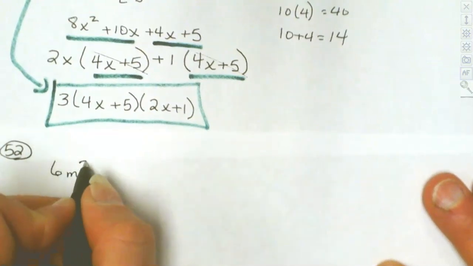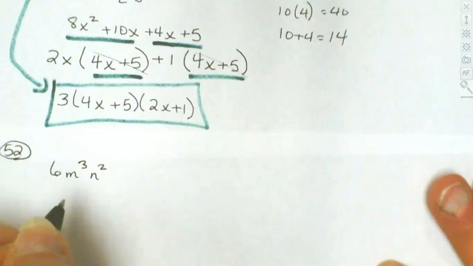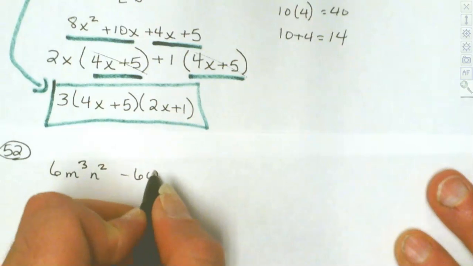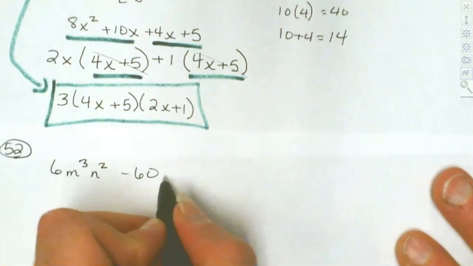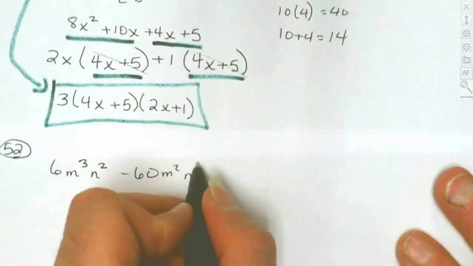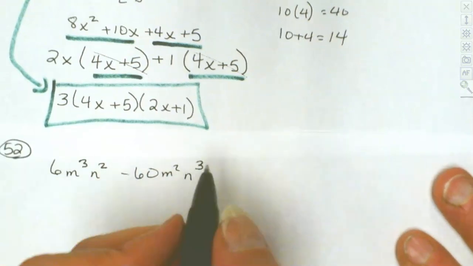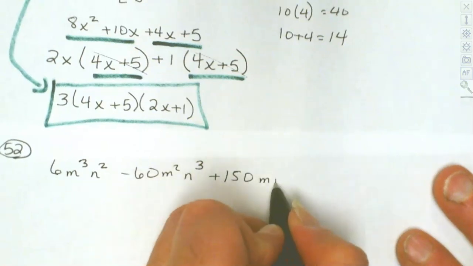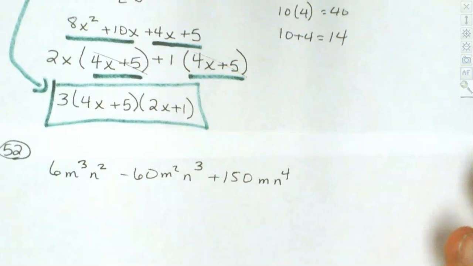6m cubed n squared minus 60m squared n cubed plus 150mn to the 4th power.